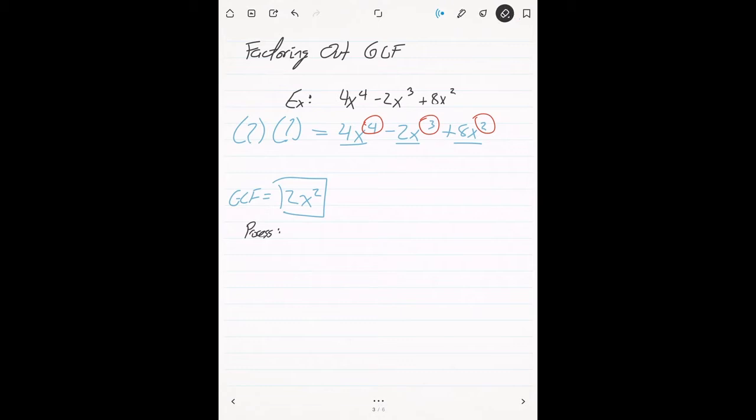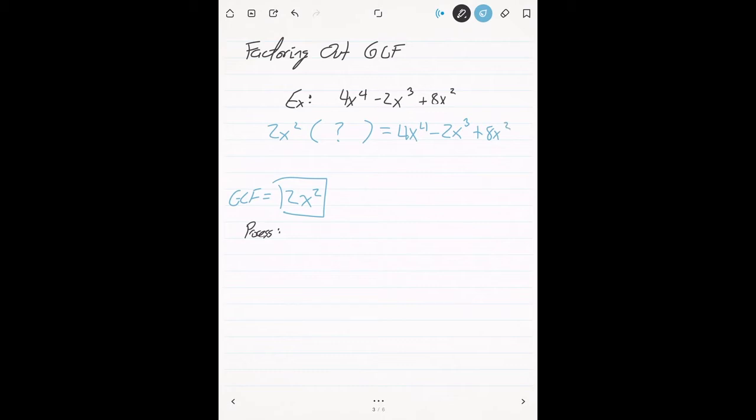Let's go ahead and rewrite what we have going on here. We essentially are saying that we have taken 2x squared and multiplied it to some unknown quantity, some unknown polynomial, and we've ended up with 4x to the fourth minus 2x cubed plus 8x squared.